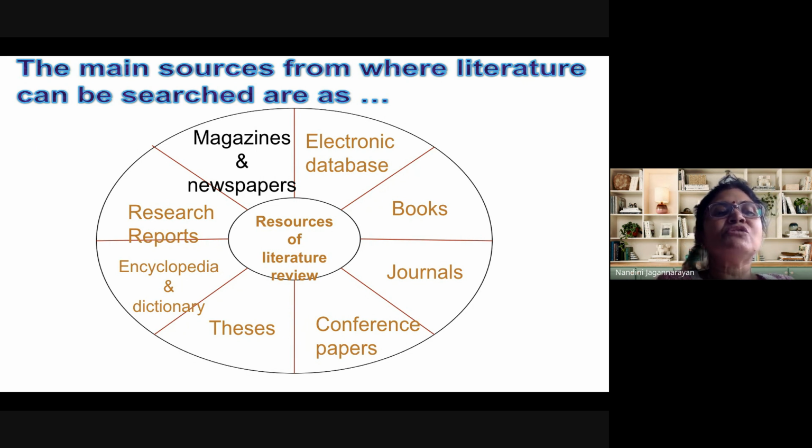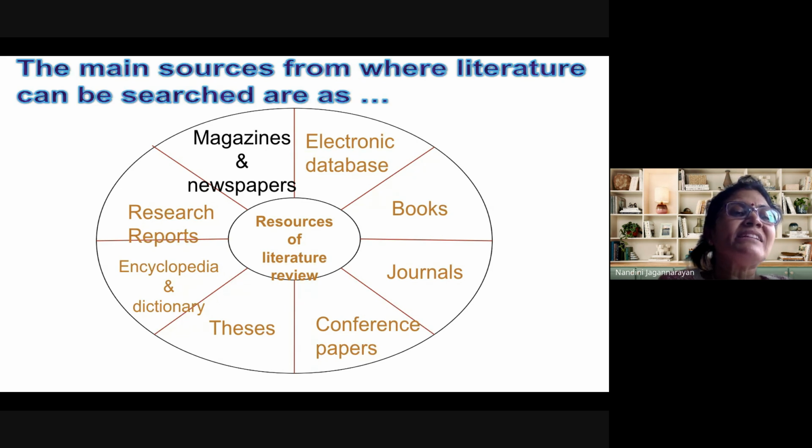So magazines, newspapers, then any kind of electronic database like the internet, and books, journals, conference papers that people present in conferences, and then theses. A thesis is a dissertation that you submit. Even you will be submitting a thesis. Though it is called a project, it is an original research work.